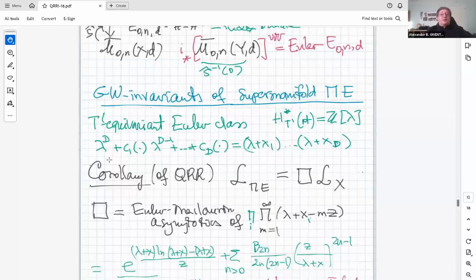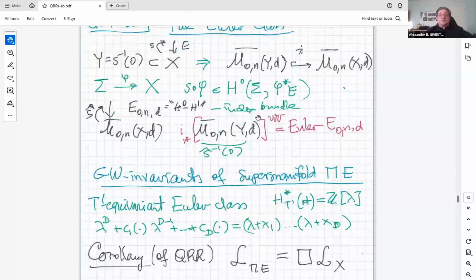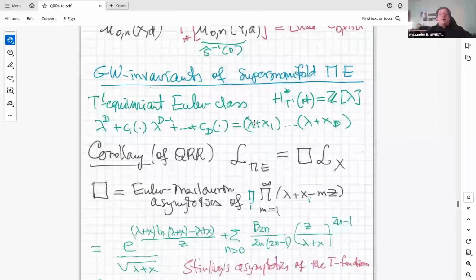Now I'm interested in genus 0 because this relation between virtual fundamental cycles doesn't hold in high genus. There are some complications, and it holds also only in genus 0 in this case. But in genus 0, as I told you, there is a graph of the differential of the generating function for genus 0 invariants, which I denoted by this curly L. And it is a Lagrangian submanifold, a formal germ of a Lagrangian submanifold in my symplectic loop space.